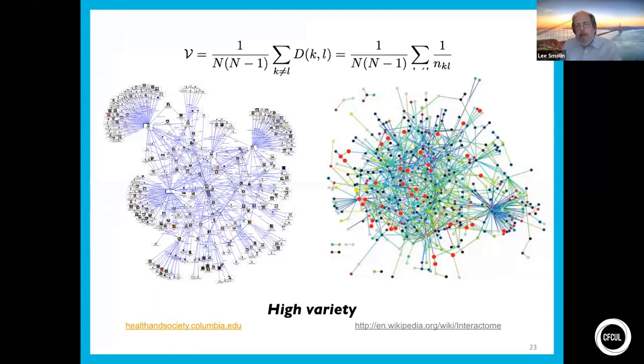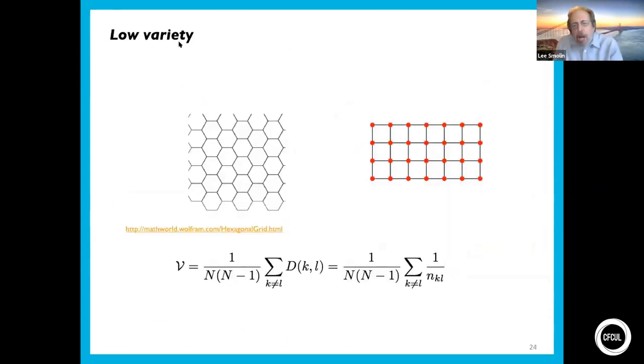Biology produces lots and lots of examples of causal networks. These happen to be pictures of genetic regulatory networks developed by some of the people at Santa Fe. And if you measure their variety, they're often high variety sets. The kind of lattices that we physicists, condensed matter physicists, or particle physicists like to work with are very low variety sets.